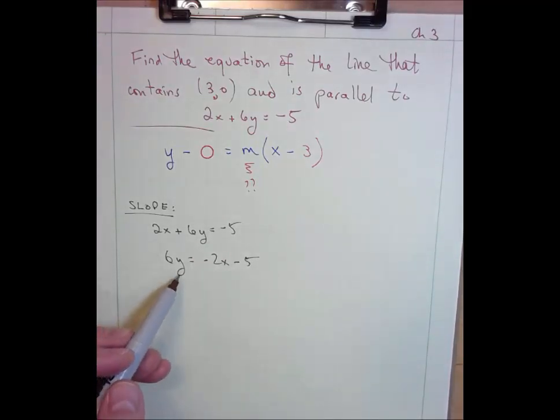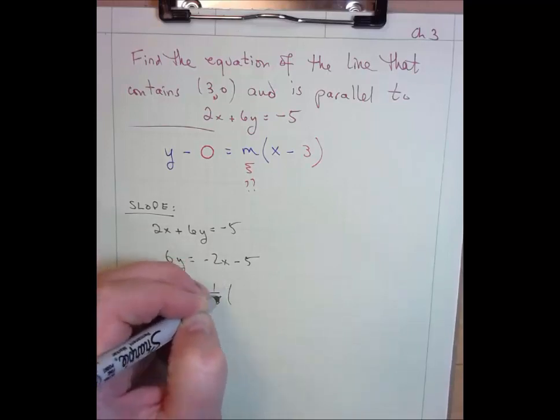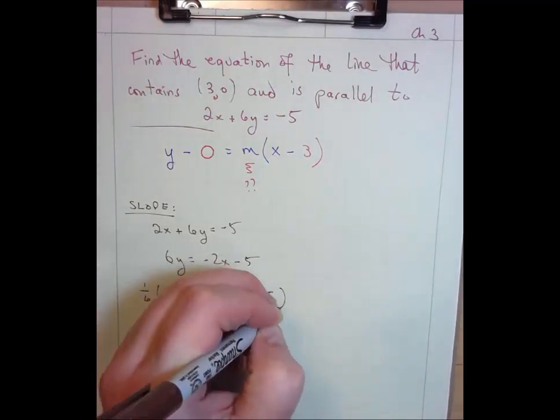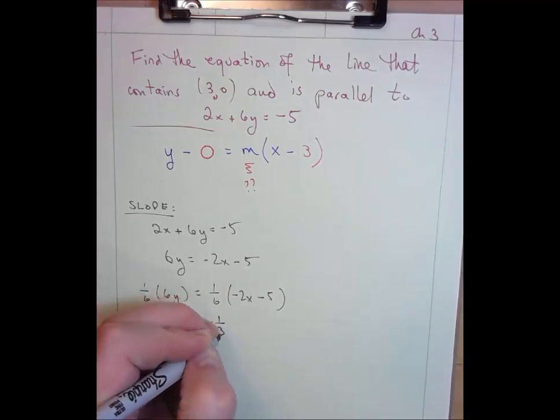And then I'm going to divide everything by 6, or I'm going to multiply everything by 1/6. That's the same thing, division by 6, multiplication by 1/6. The multiplication by 1/6 just keeps it a little bit tidier, I think. And so over here on the left we have a y equals, and then this multiplication, 1/6 times -2 is -2/6, which is -1/3.